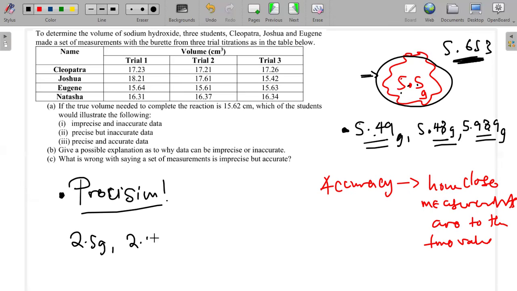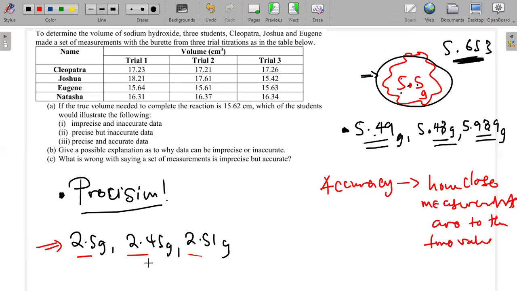Again, 2.45 grams. And then 2.51 gram. So you can see that the true value is 5.5, but when I'm measuring these things, I'm finding values that are not close to it. But these values that I'm actually finding, they are close to each other. So how close the repeated measurements are to each other is what we call the precision, and not necessarily close to the true value.